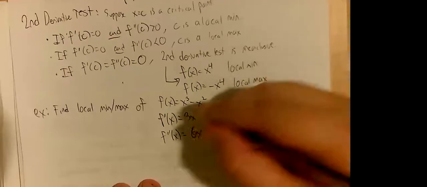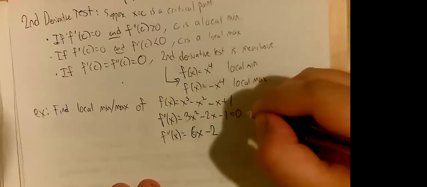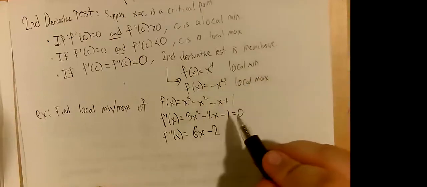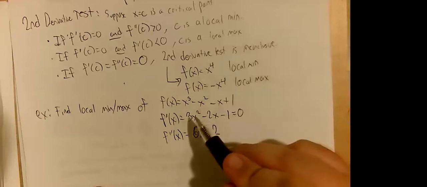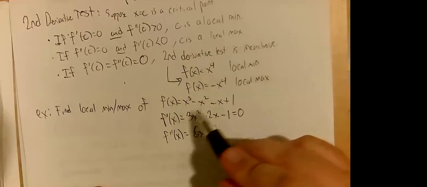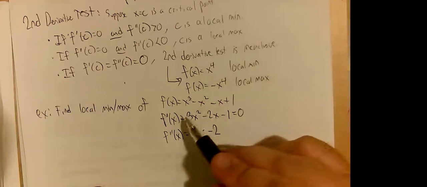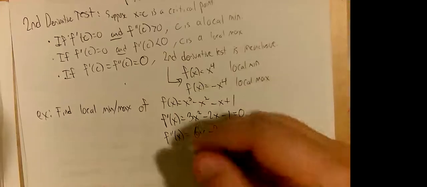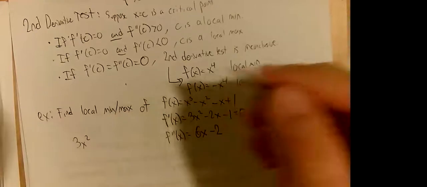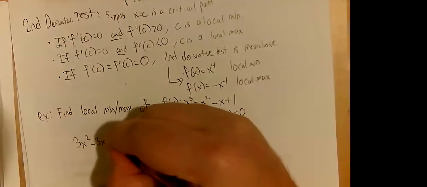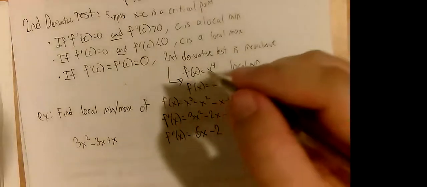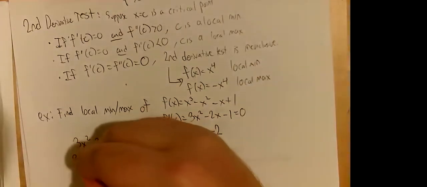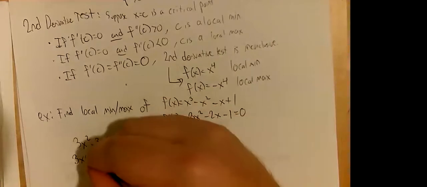Now our critical points will happen where f prime is 0. So let's solve this equation set equal to 0. If I multiply 3 and negative 1, I need two numbers that multiply to be negative 3 and add to be negative 2. That will be negative 3x and x. Let's factor by grouping here.